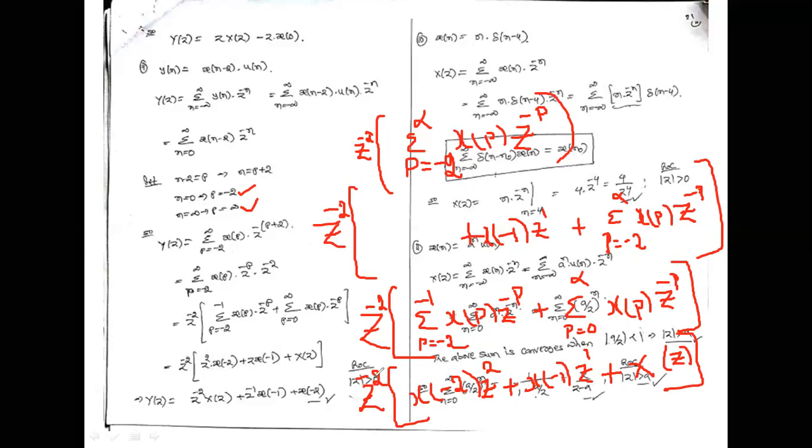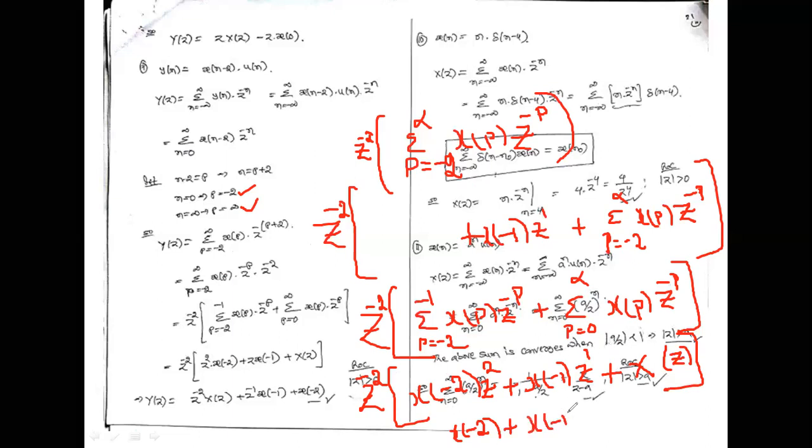Now I can multiply this function with z power minus 2 and z square here. It becomes x of minus 2, plus z power minus 2 z power 1 is x of z power minus 1, because bases are same, we can add the powers. Minus 2 plus 1 is minus 1.